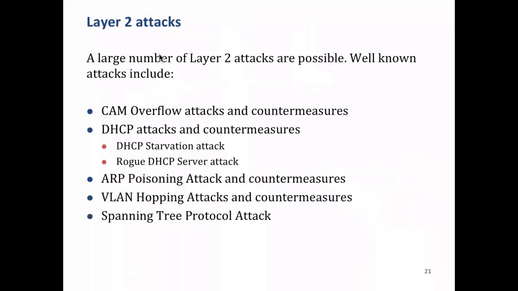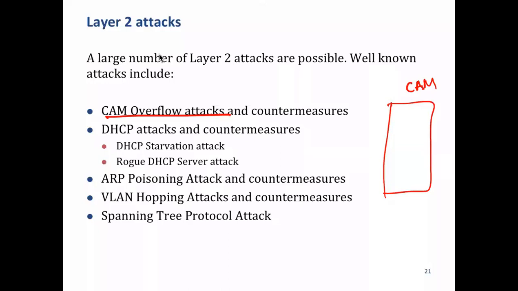So some of the attacks are the CAM overflow attack. Now CAM is content addressable memory. The table is designed using CAM. Basically, you search by content, and you can search efficiently.